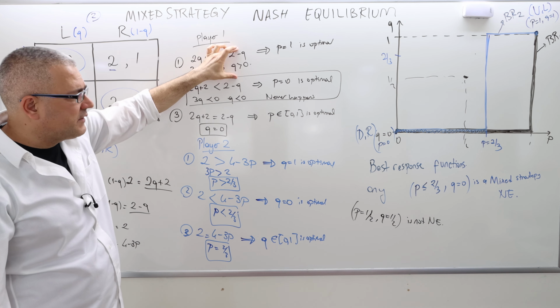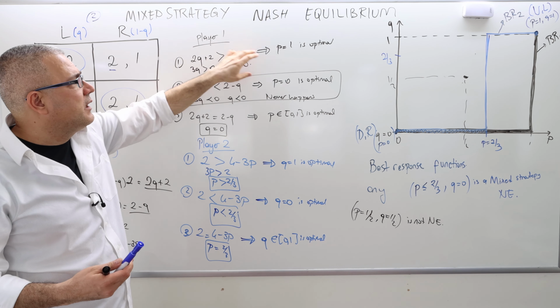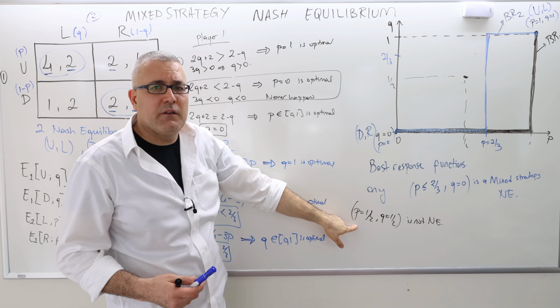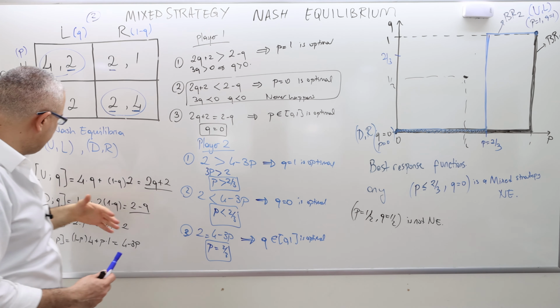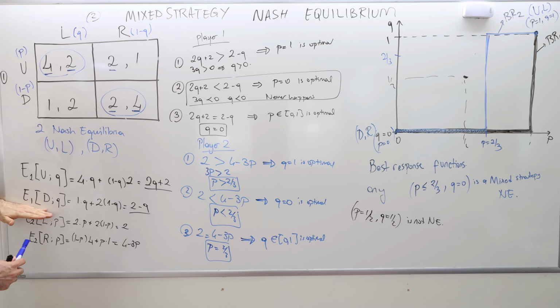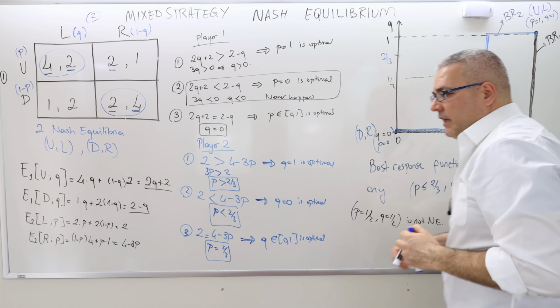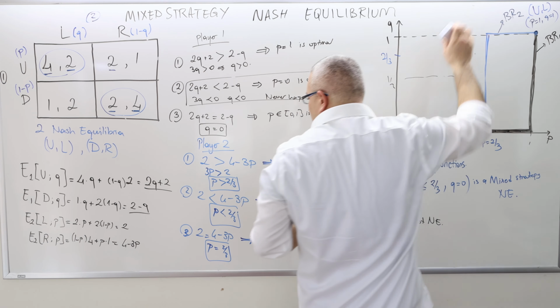Well, in this case, the regret-free strategy for player 1 is choosing P equals 1, but he's choosing 1/2, so he's going to regret. Well, how come? Well, if you calculate player 1's expected payoff, that's a good point. I know we already exceeded 15 minutes, but let me do this as an exercise.